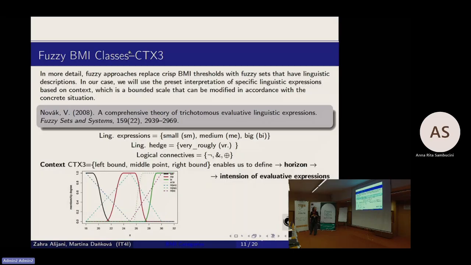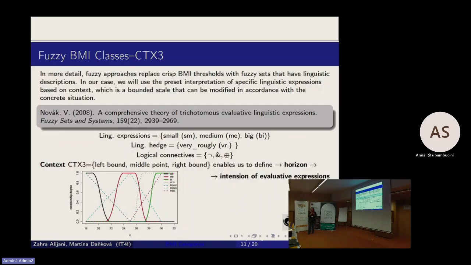Here, what we applied is a fuzzy approach, replacing the crisp BMI with a fuzzy set. We have linguistic expressions. In our case, we use the preset interpretation of the specific linguistic expressions based on the context, which is the bounded scales, and it is derived from the paper of Professor Novak.